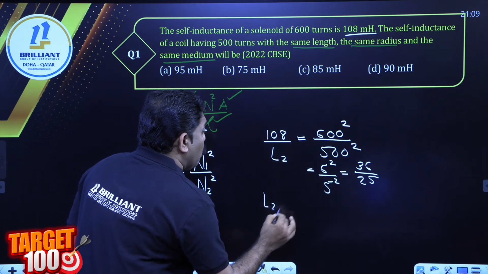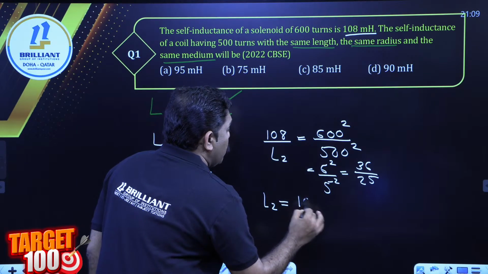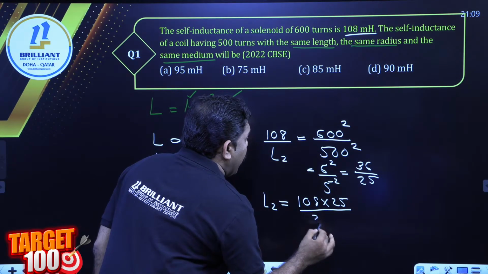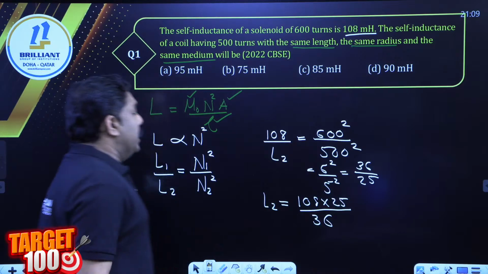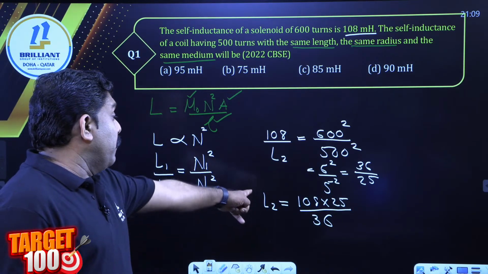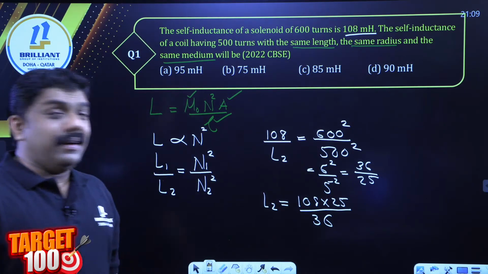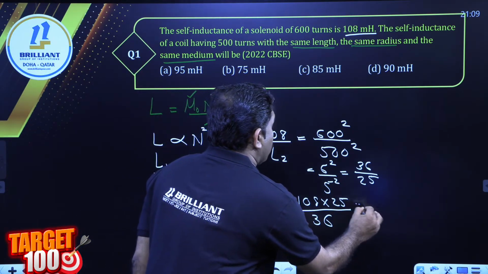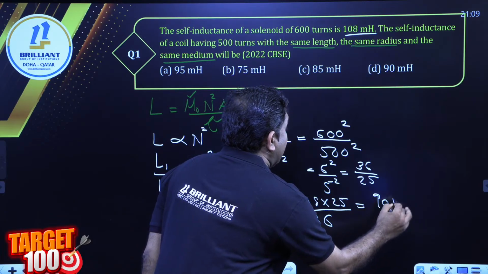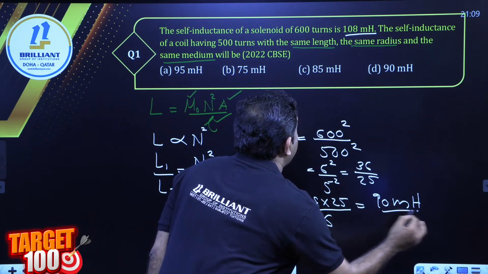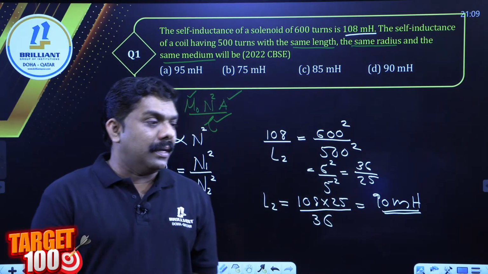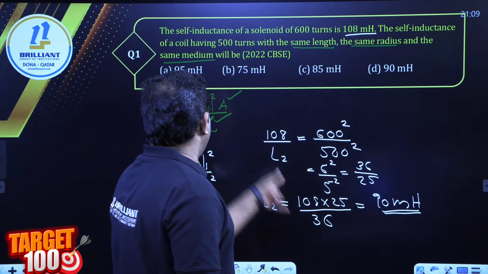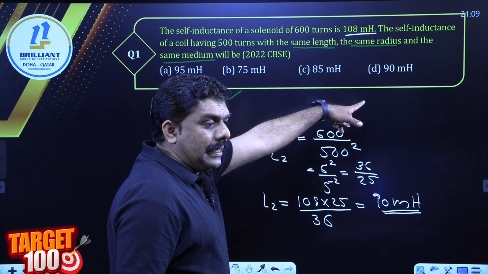So L2 equals 108 into 25 divided by 36. Simplifying 108 divided by 36, you will get the answer, which is 90 millihenry.